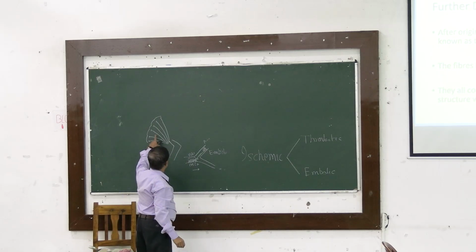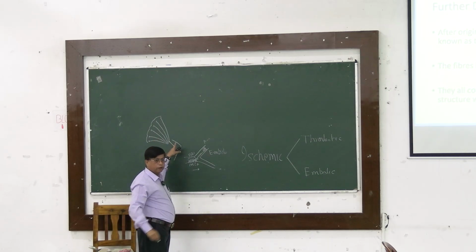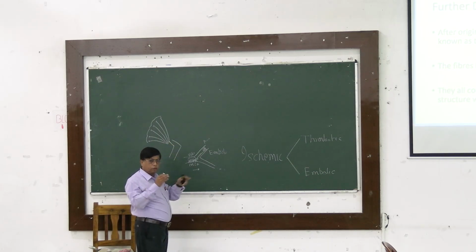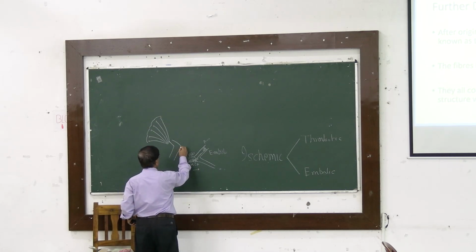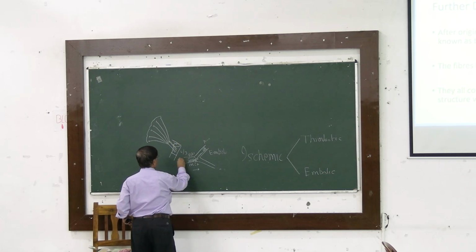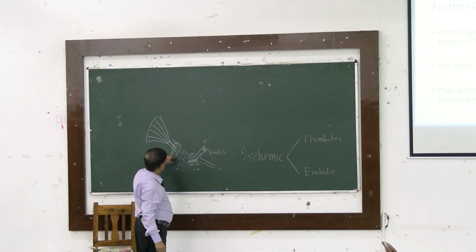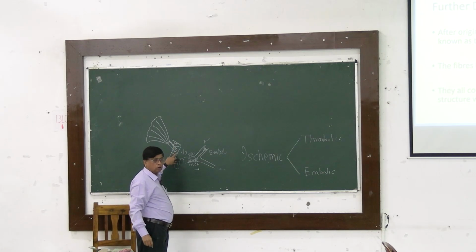This is called the corona radiata. The fibers are diffuse, not concentrated in one place, but when they come to the internal capsule, in the genu and the anterior two-thirds of the posterior limb, they concentrate. All these fibers are concentrating in the internal capsule.